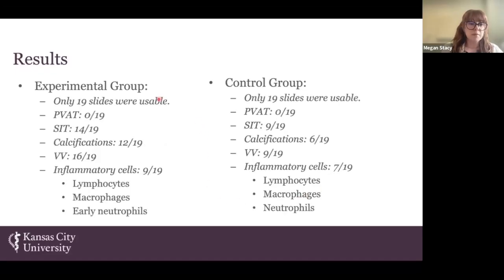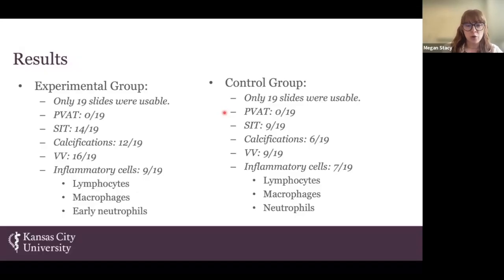Looking at slides, only 19 total slides were usable. That was 2 slides per donor, 1 for the right and 1 for the left section of the internal carotid that we took. My first question was answered pretty quickly. Did perivascular adipose tissue extend into the intracranial space?